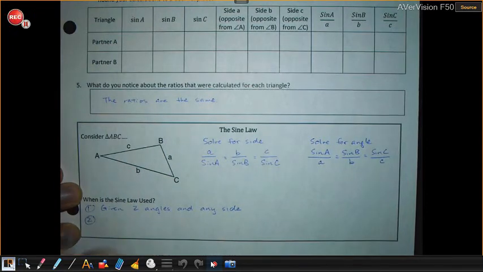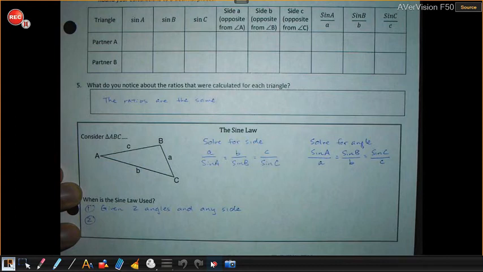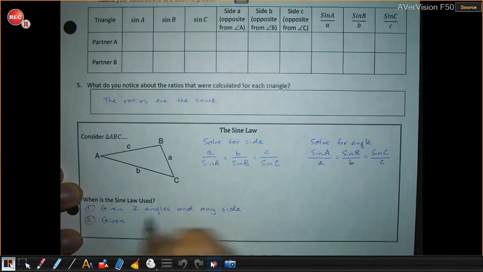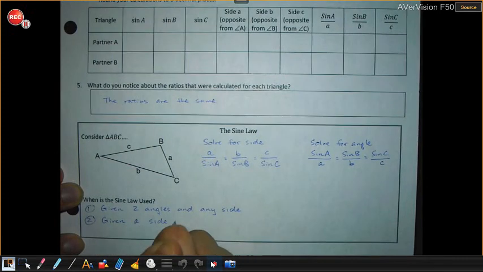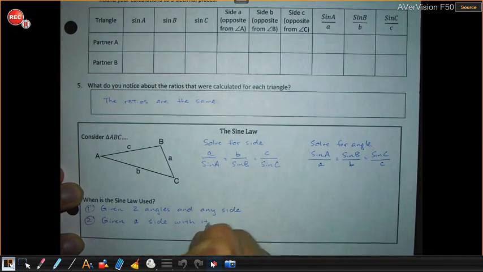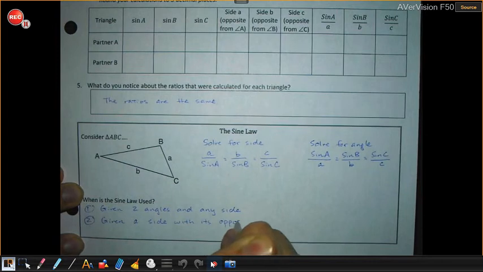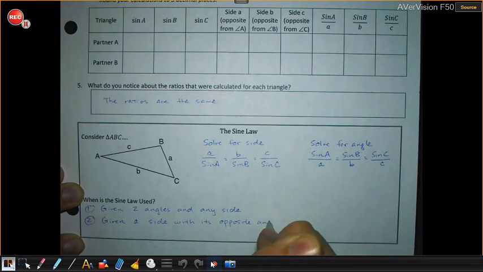The second type of non-right triangle that we'll use the sine law for is when we're given a side with its opposite angle and another side.